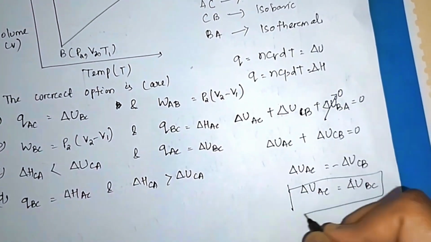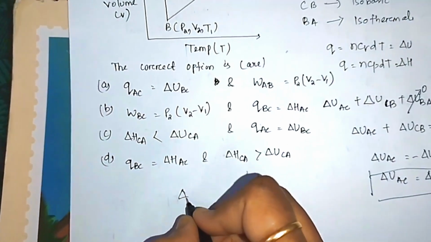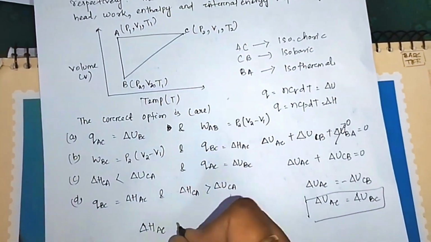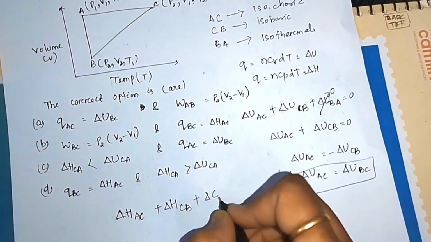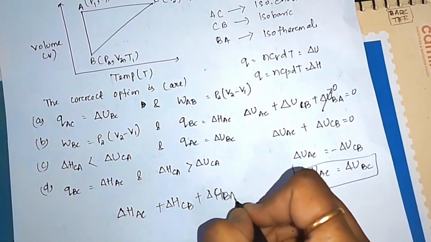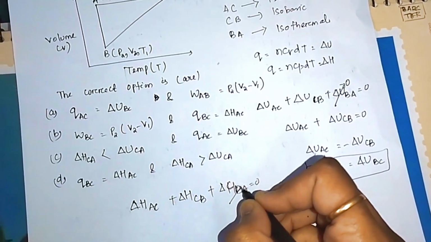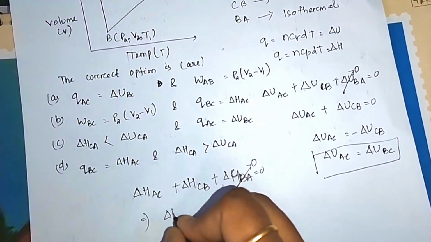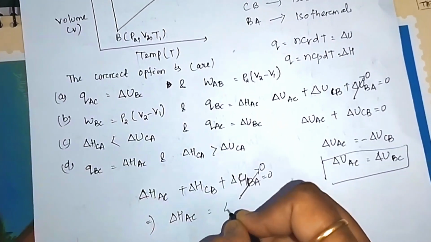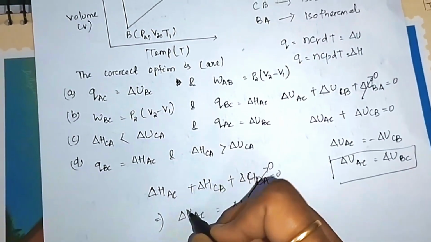Also, del H AC plus del H CB plus del H BA is equal to 0, and this is also 0. So del H AC is equal to del H BC.